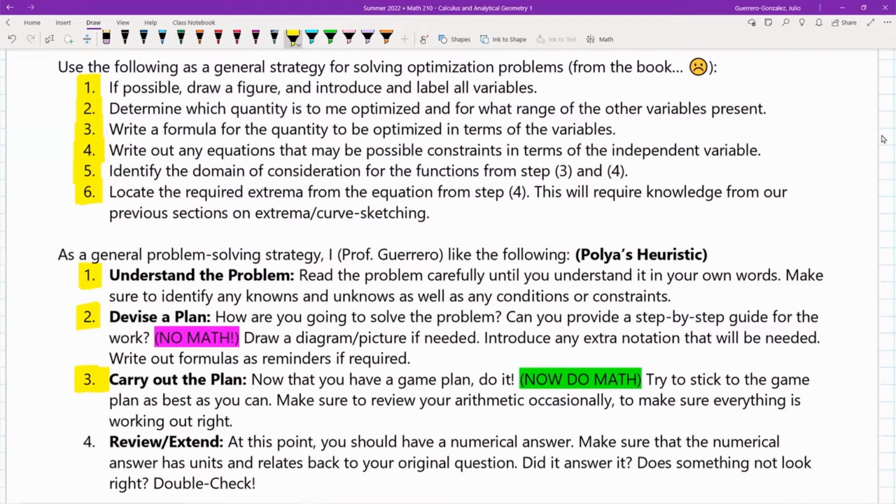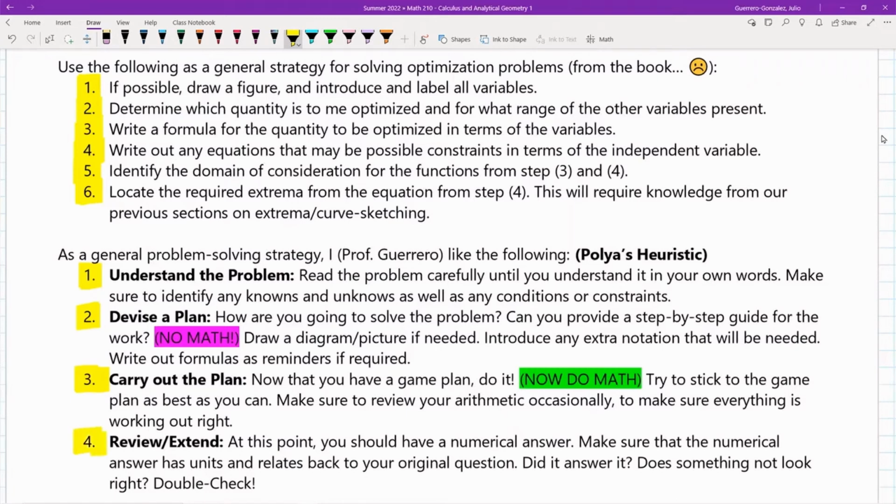Now that you have a game plan, now do it. Stick to the game plan as best you can. If something happens that throws you a little off, that's fine, but keep going. Make sure you review the arithmetic and make sure everything's working out right. This is where you're concentrating on getting the nitpicky stuff correct.